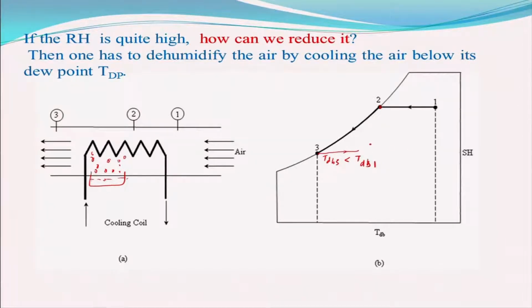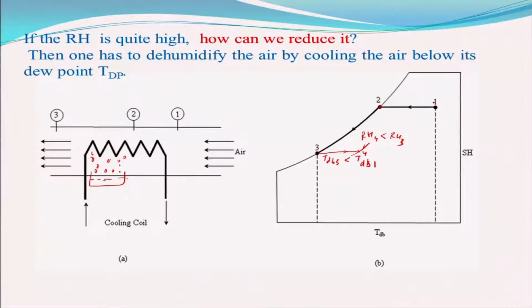Because specific humidity remains constant, I can get this relative humidity. If I take this point 4, RH4 will be less than RH3, and of course RH4 is greater than RH1. That is one way of solving the problem.